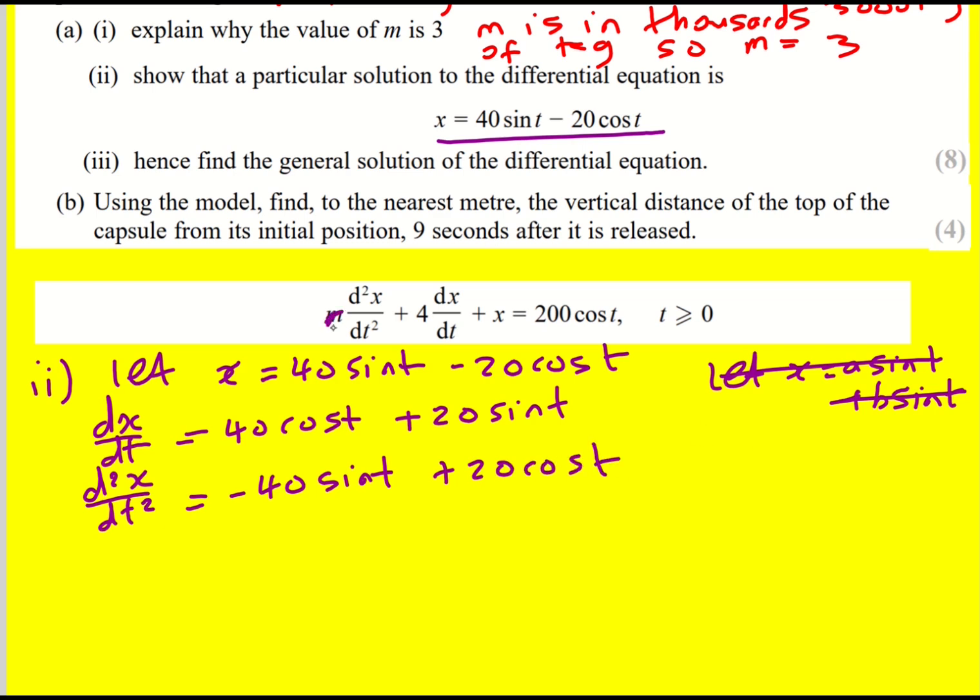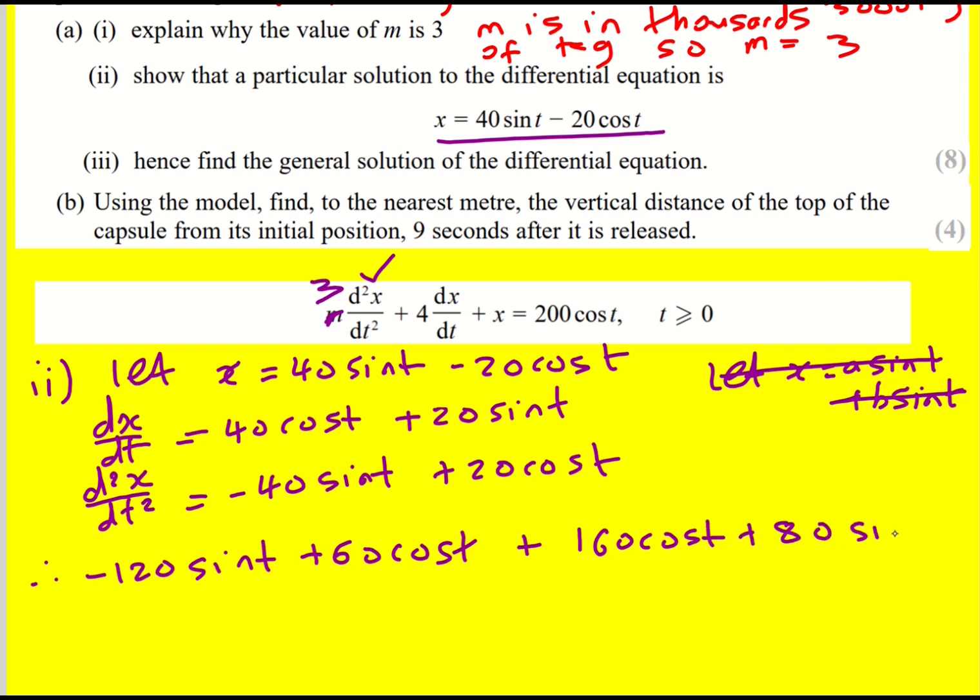Okay, and then remember m is 3, so therefore minus 120 sine t plus 60 cos t, that's just me putting that in, then plus 160 cos t plus 80 sine t plus 40 sine t minus 20 cos t. Maybe I should just say this is the left-hand side.